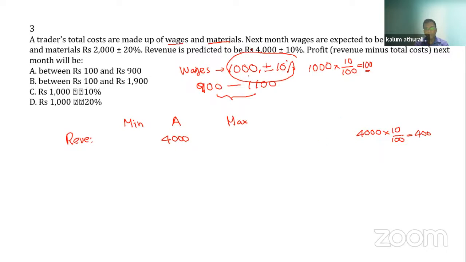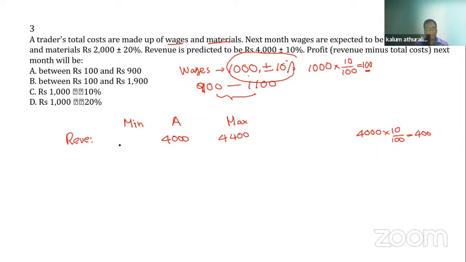Here we can see revenue is 4,000 rupees plus or minus 10. Then we take 10% of 4,000, and this is 400. Then what is the maximum value? Average value is 4,000, so maximum should be 4,400.